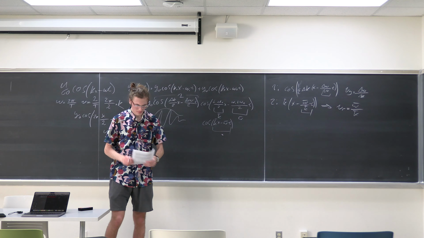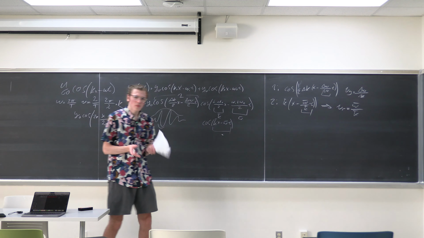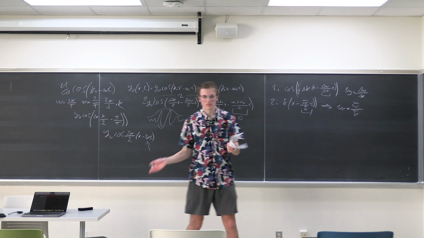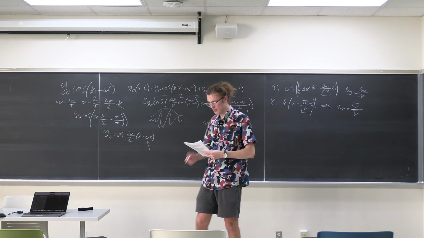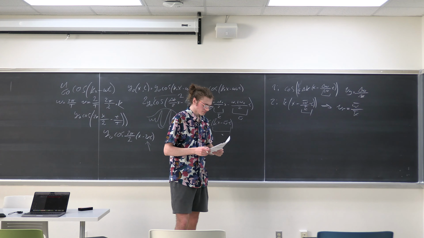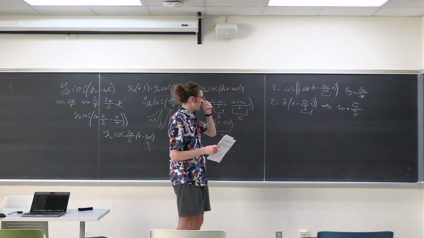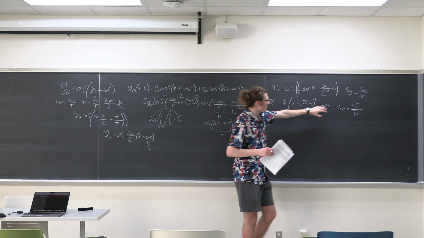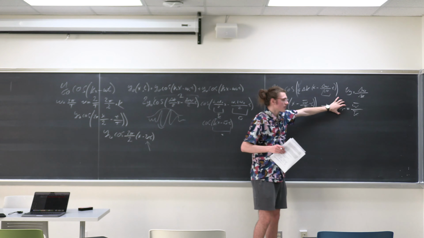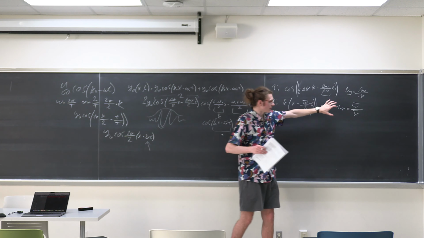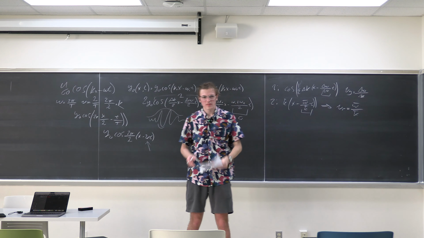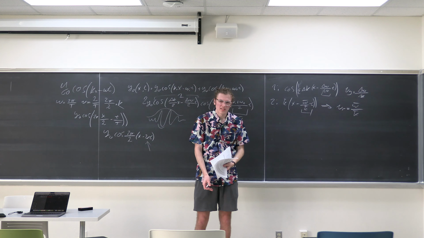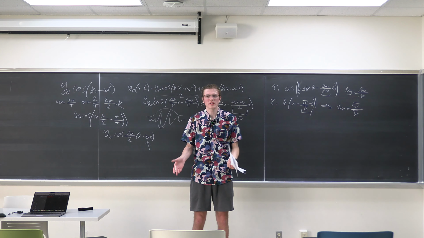But maybe we want to see something a little more general. Maybe you summed an infinite amount of waves. We'll touch on the difference between these two velocities in a bit more detail later, but the important part to understand is that phase velocity isn't really real. It's not really a physical thing.